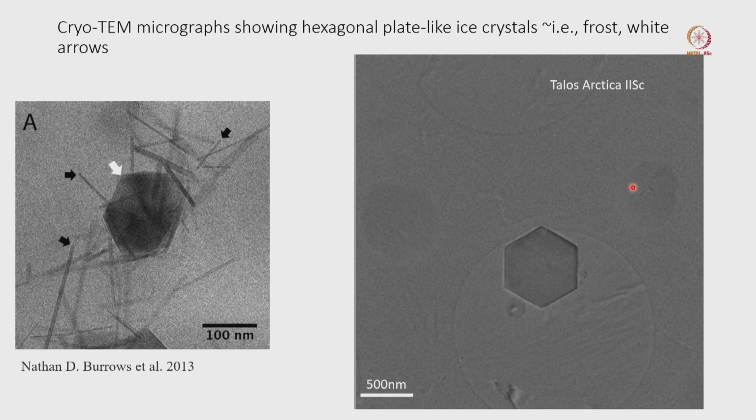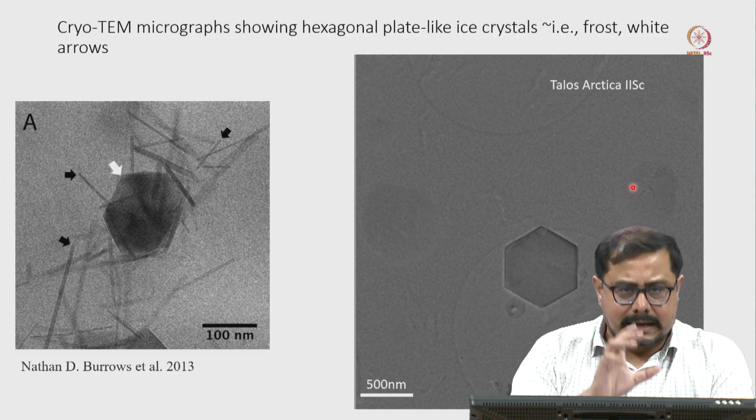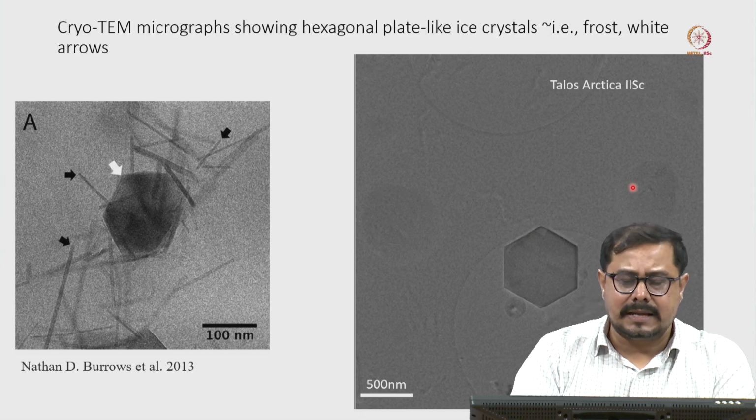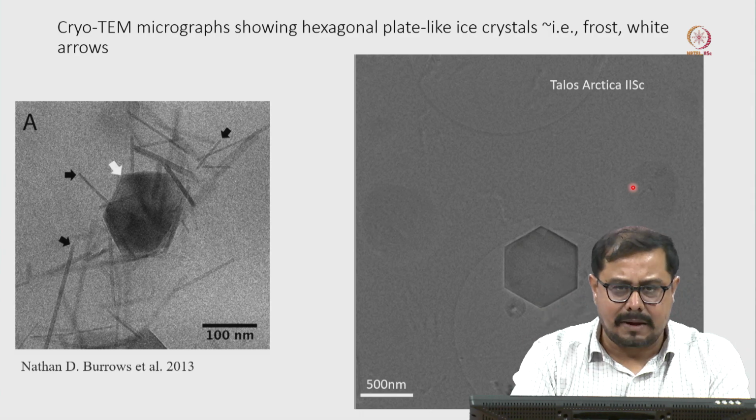So there are many steps: from liquid ethane to liquid nitrogen, then liquid nitrogen to the liquid nitrogen dewar. From the dewar we take it out and clip that grid. We put it inside the cassette, then inside the nano cap, and finally it goes inside the microscope.